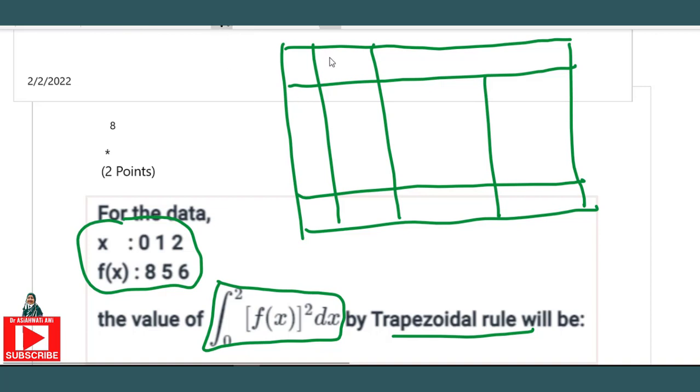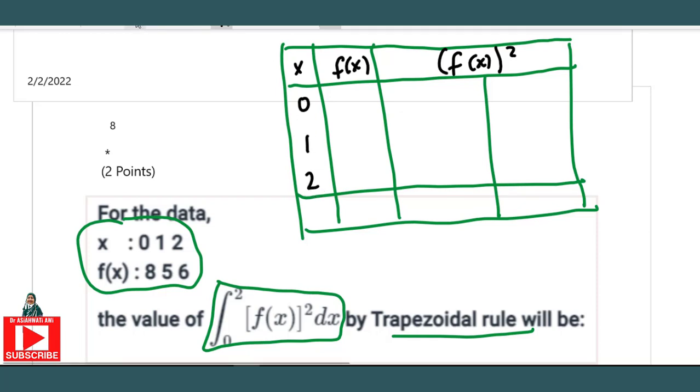When x is equal to, this is x, and this is f(x). So this is 0, 1, 2.